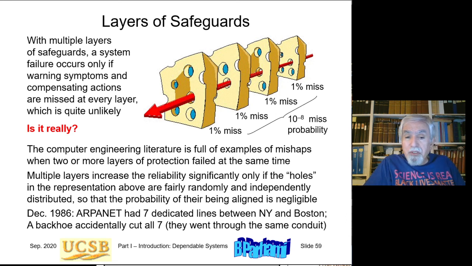However, unbeknownst to the designers of this network, those 7 supposedly independent dedicated channels all happened to go through the same physical cable. These different companies had leased their connections. They didn't own their own cables between the 2 cities. They had leased their connections from companies that did offer these connections. And it so happened that all 7 channels went through the same physical cable between the 2 cities.